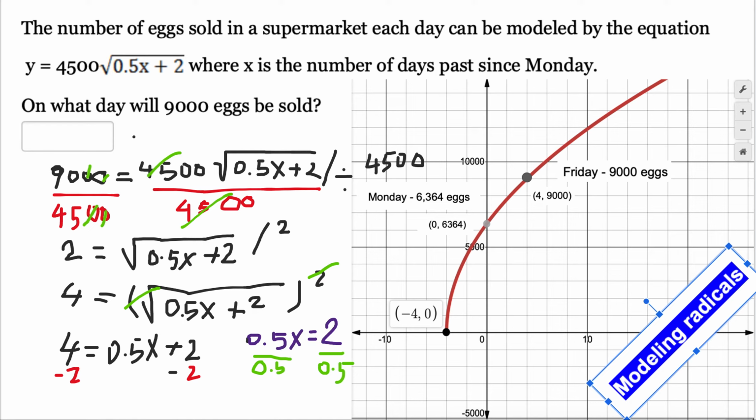So x is equal to 4, which we already found. So x is equal to 4 and y is equal to 9000.